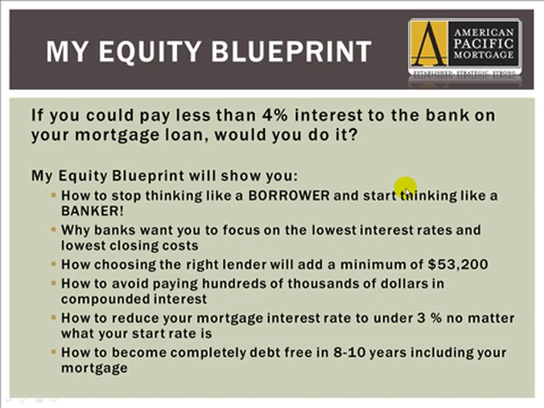Now we want to get into a little unique selling proposition that makes us different from all the other American Pacific mortgage offices, which is that we can offer My Equity Blueprint software that turns the borrower into basically their own bank.